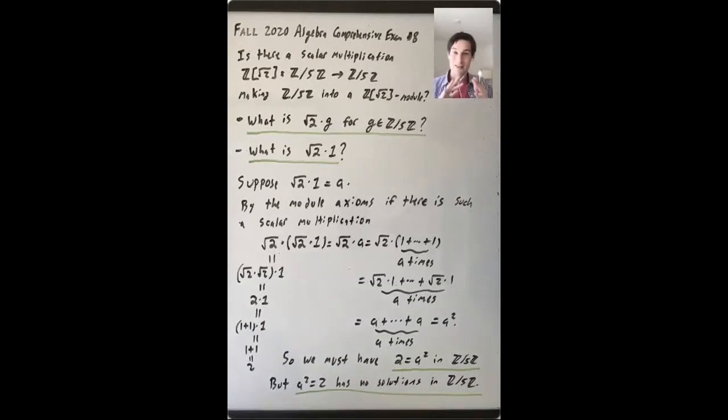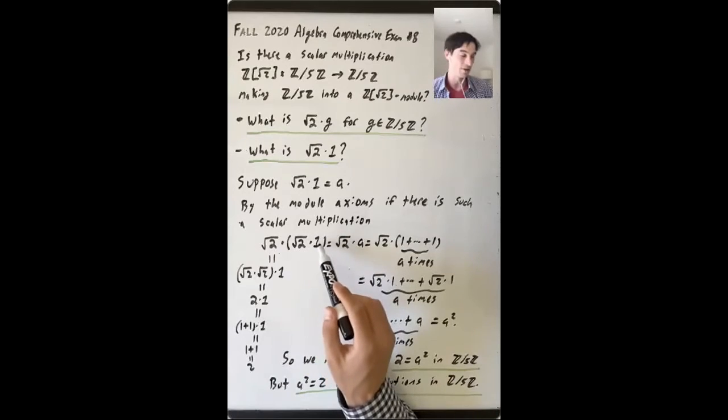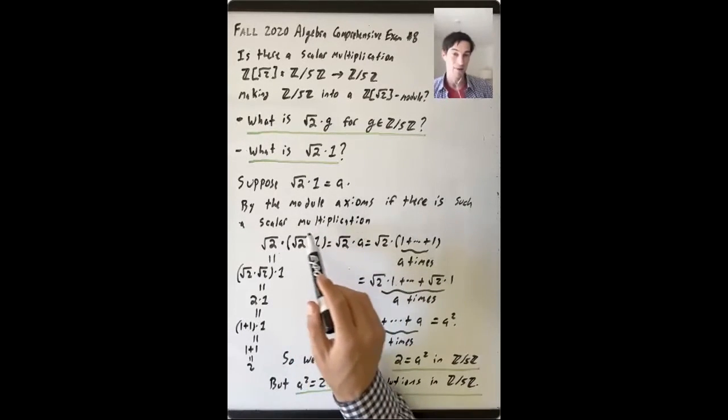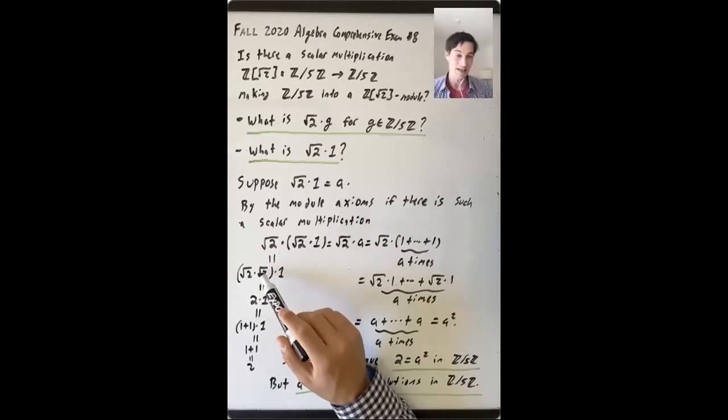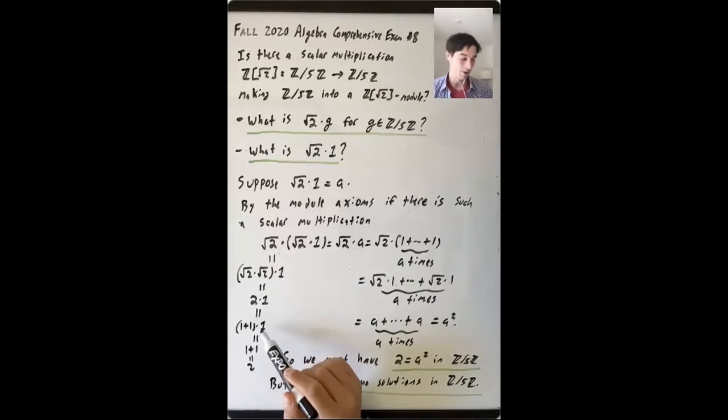Okay, but we can think about this a different way. We have square root of 2 dot square root of 2 dot 1. And if Z mod 5Z is a Z adjoined square root of 2 module, this element of Z mod 5Z has to be the same as square root of 2 times square root of 2 in the ring Z adjoined square root of 2, dot 1, which is 2 dot 1, which is 1 plus 1 dot 1.